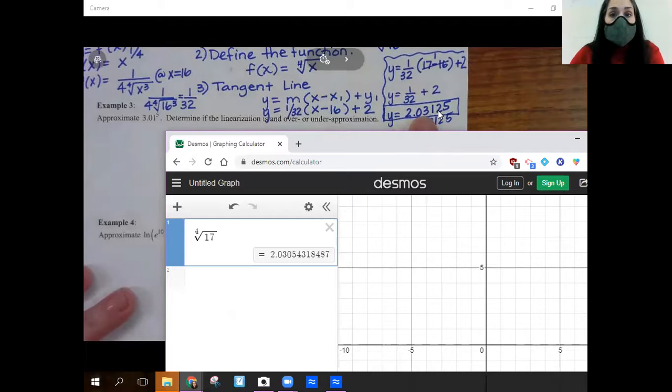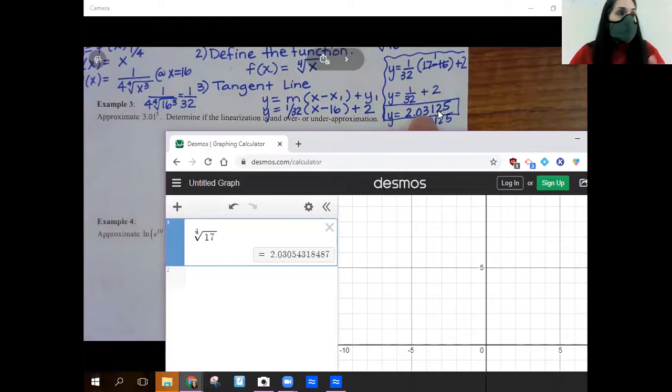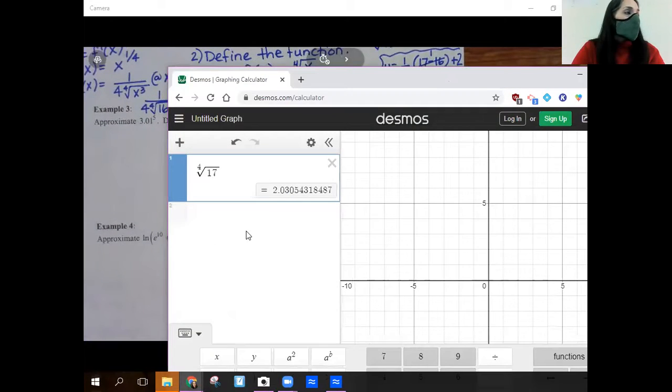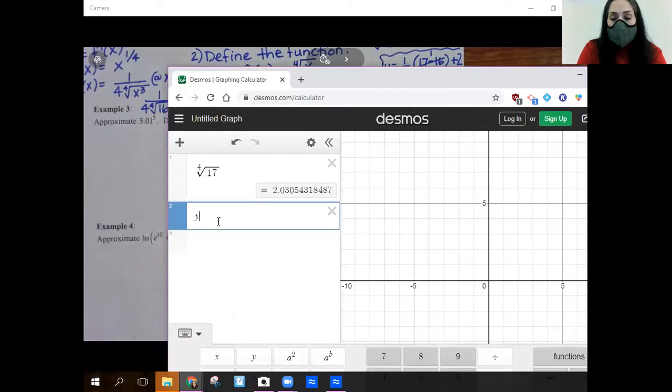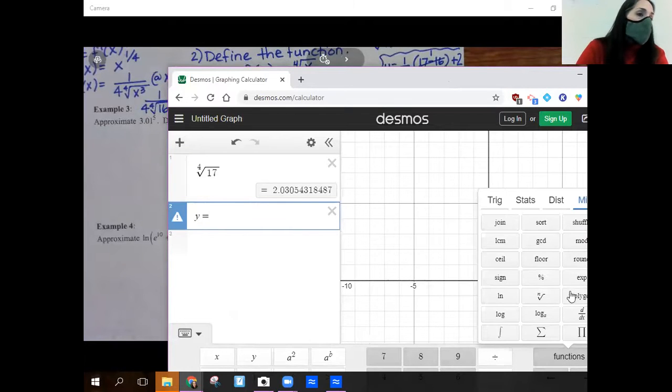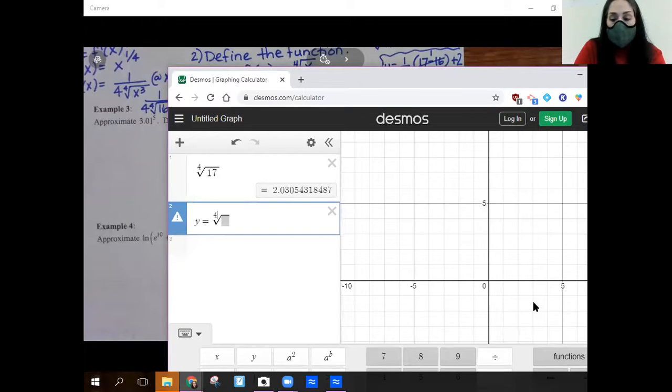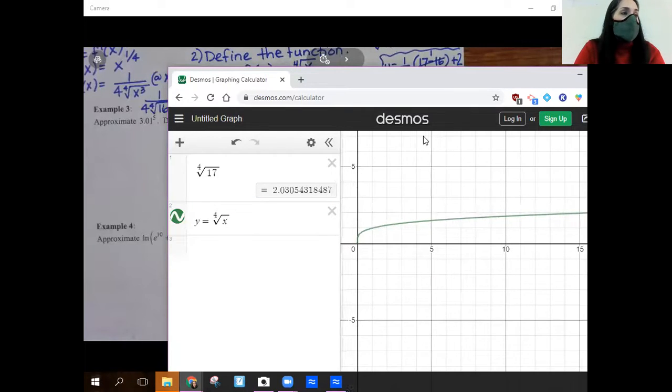It's bigger, which means that the fourth root of x should be concave down. And if we kind of cheat and look at it, fourth root of x, yeah, and it is. Fourth root of x just looks like that.